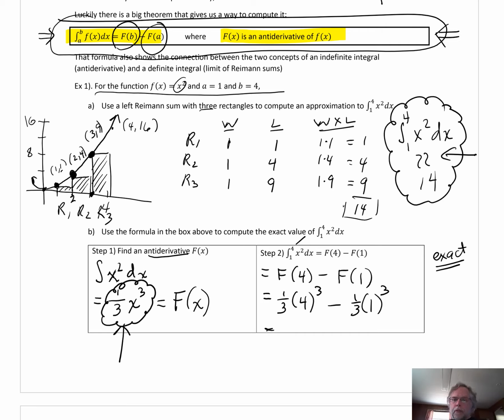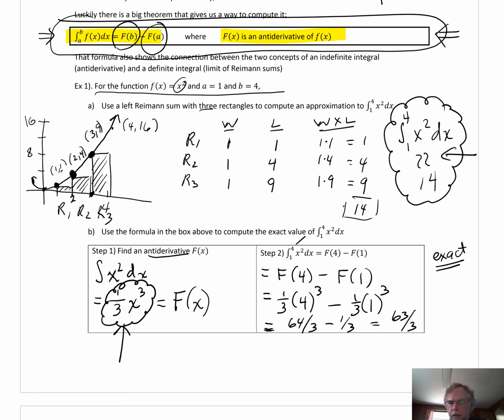I don't know what this is, and I don't have a calculator right now, so let's see if I can do this. 64/3 minus 1/3. Yeah, we can do this, right? 4 to the third is 16 times 4, 64/3 minus 1/3, common denominator, which is good. 64 minus 1, 63/3. 60 divided by 3 would be 20.